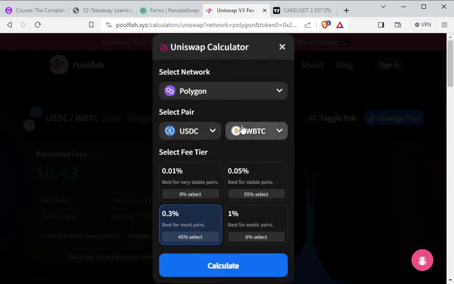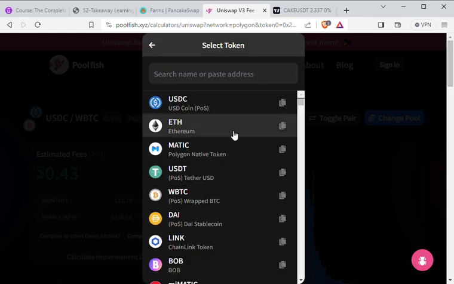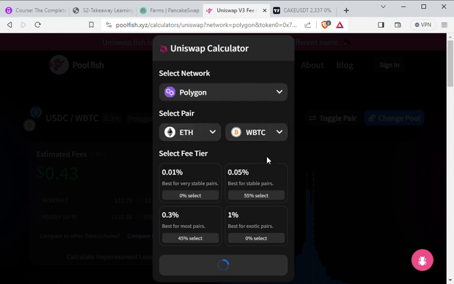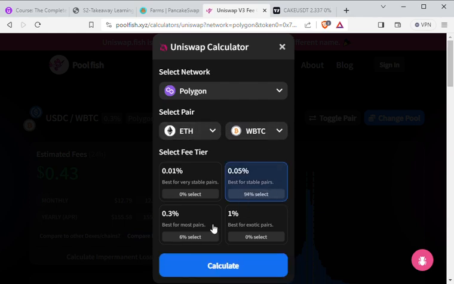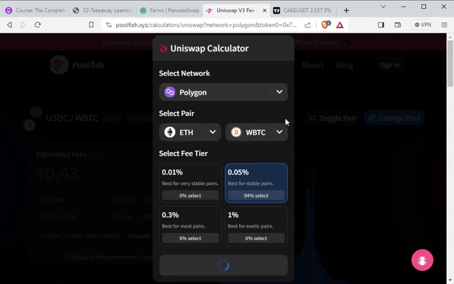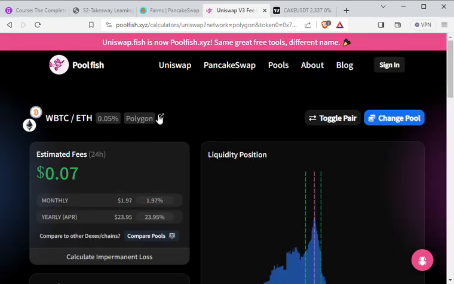Then we can have something like volatile Ethereum to Wrapped BTC. That way we are putting up Ethereum and BTC, and we are getting Wrapped BTC and Ethereum as fees. So we are acquiring those two blue chip assets as well.